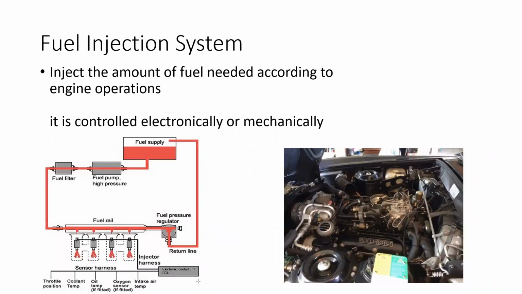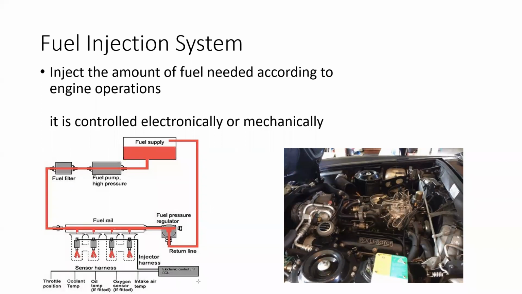What is the oil temperature? What is the coolant temperature? What is the throttle position sensor? The throttle position sensor gives the idea of how much load we are asking, so how much power we are asking. Intake air measurements give how much air goes into the engine. Coolant temperature tells this unit whether more fuel has to be given if the engine is running at a lower temperature, to bring the engine up to a higher temperature.